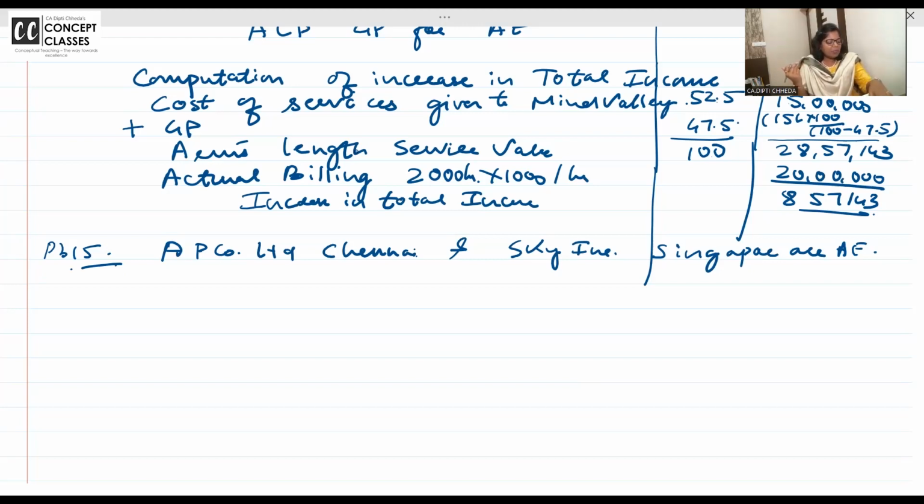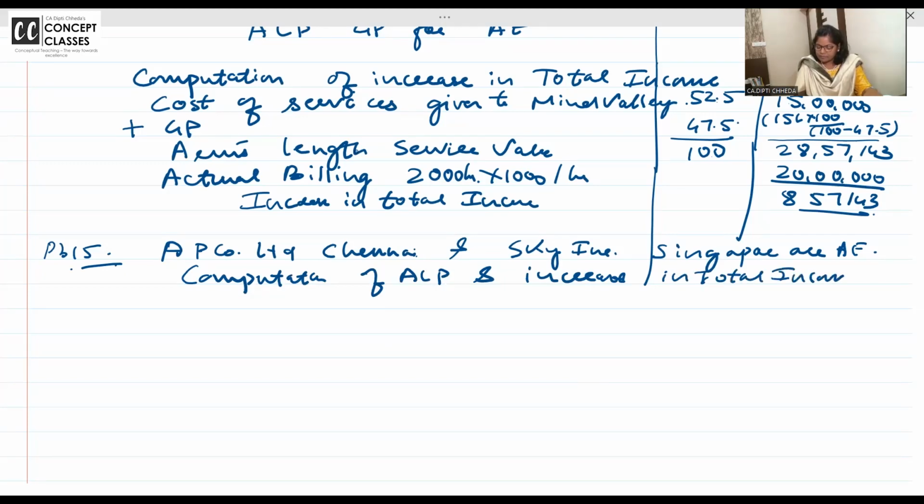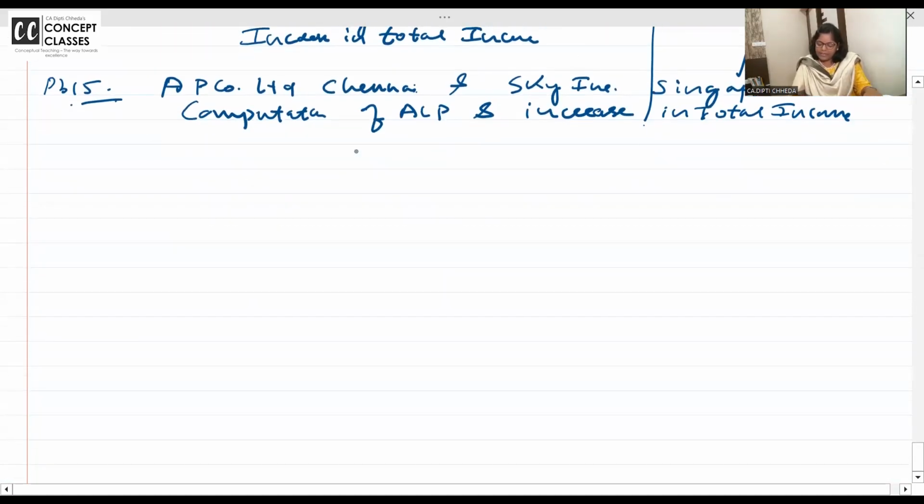But others are importing 15,000. Chalo, so now computation of ALP and increase in total income. ओके, चलो दोनों एक ही टेबल में बना रहे हैं, अलग अलग टेबल भी बना सकते हैं.